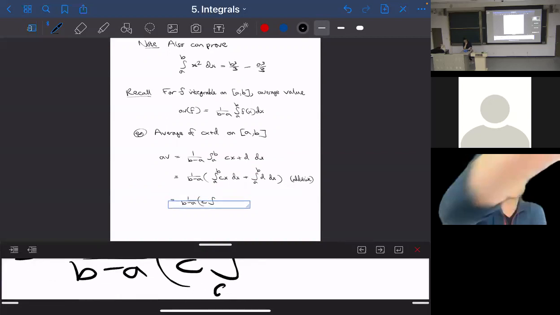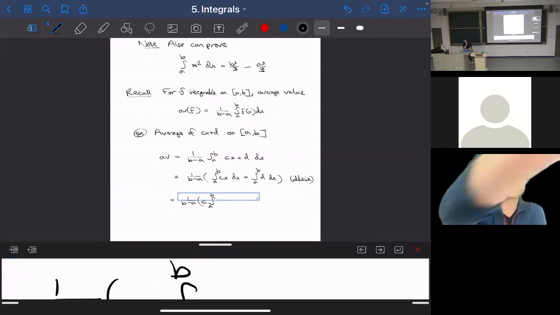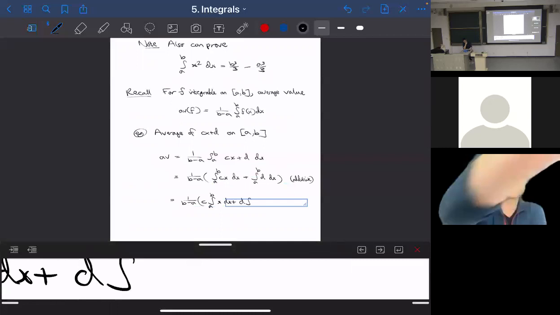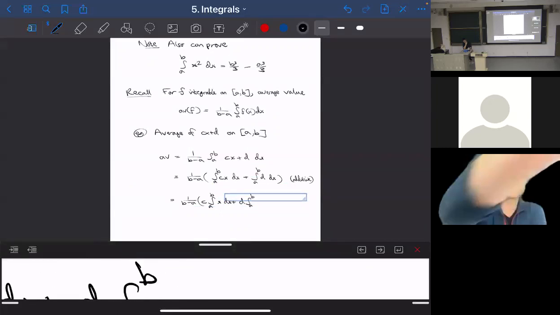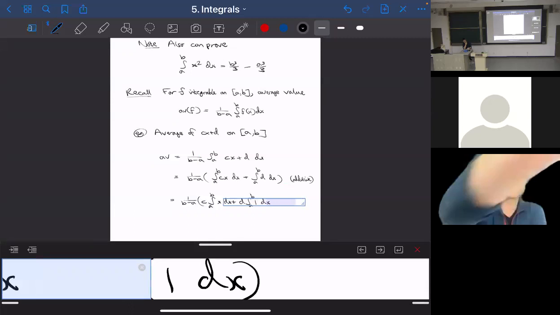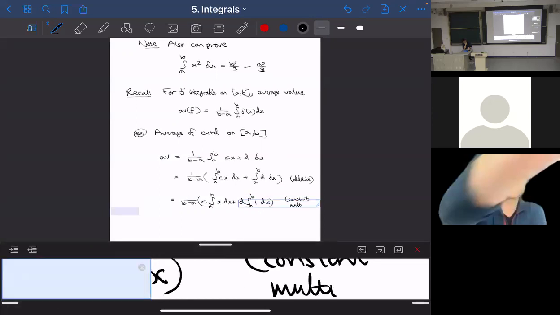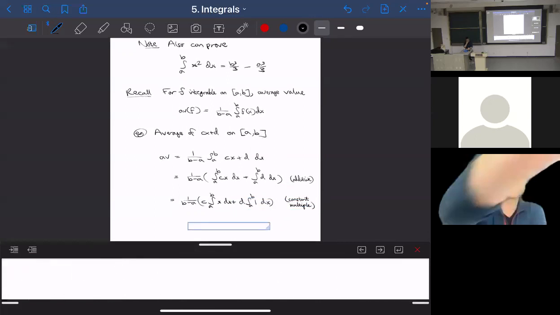So if I'm integrating something times a constant, it gives me a constant times the integral of that something. So we get this. So that's the constant multiple rule. And then above, we wrote down the values of those two integrals I have there.